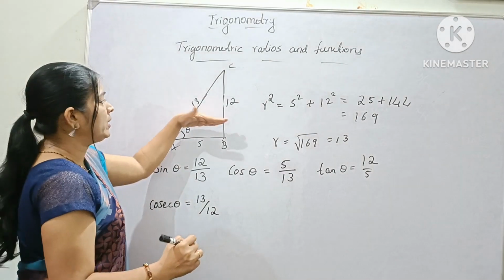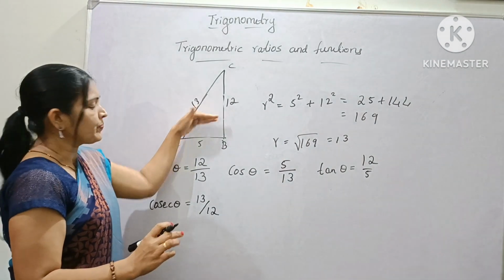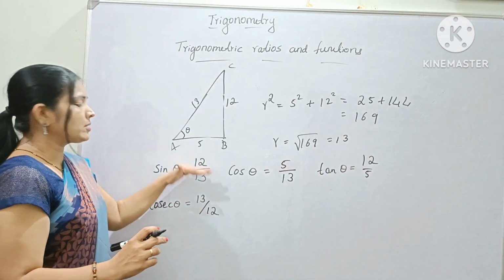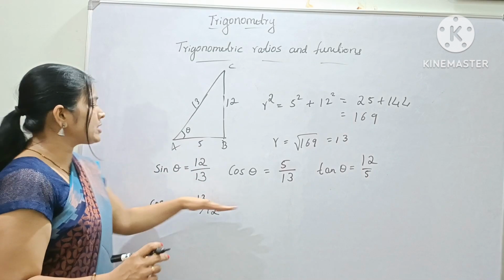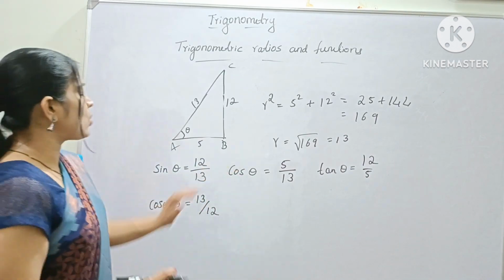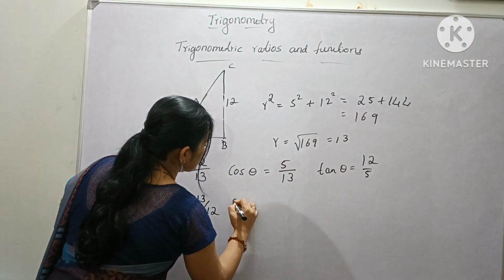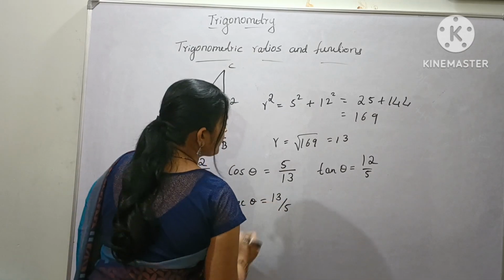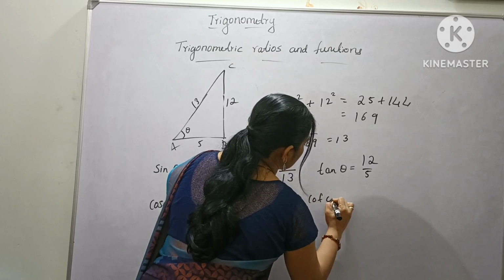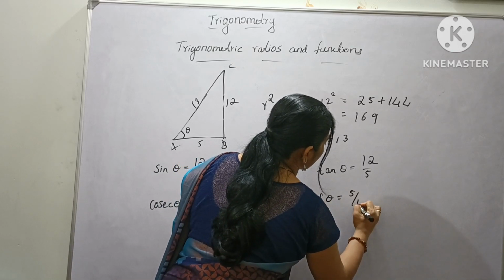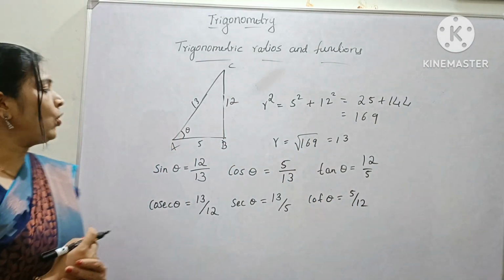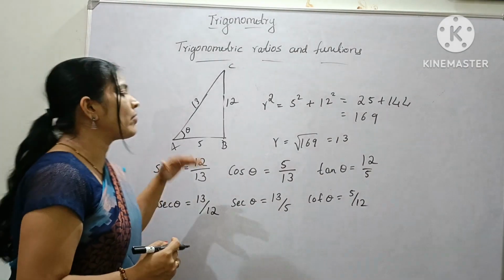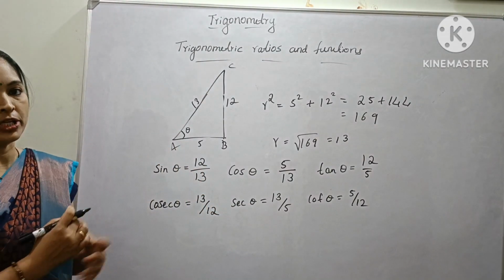Now here no need to check, we can write the reciprocals directly. Cos theta, its reciprocal is sec theta, 13 divided by 5. Cot theta is equal to 5 by 12. Now we have found all values of all the 6 trigonometric ratios.